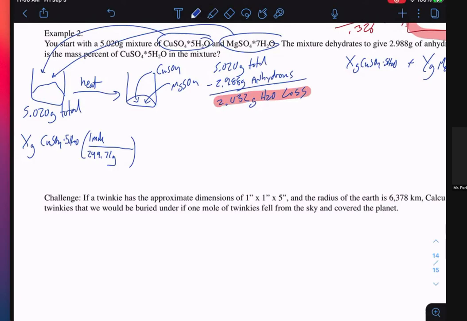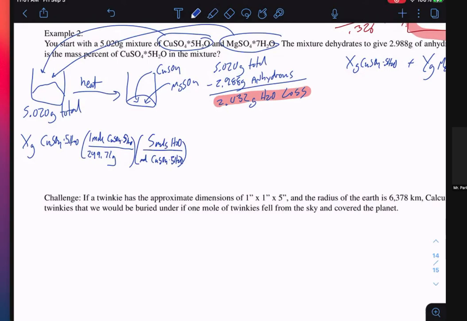So the next step would be to stoich this out and say, all right, for every mole of CuSO4·5H2O, there's 5 moles of water within. Canceling the moles of the hydrate compound, now putting this in terms of moles of water.